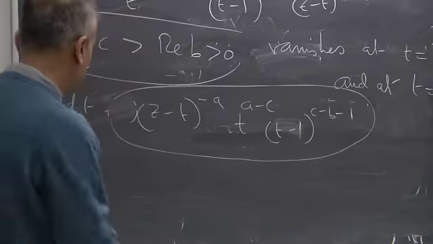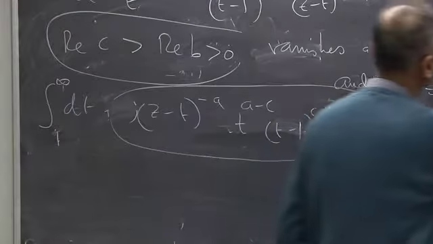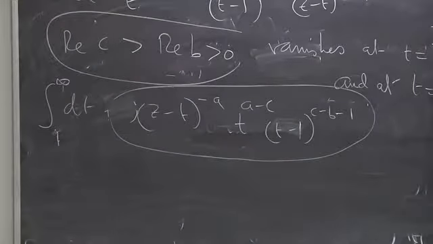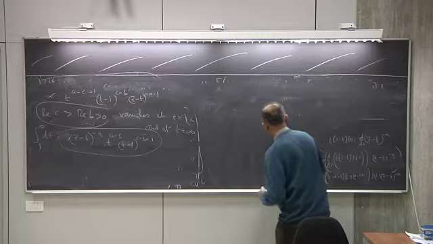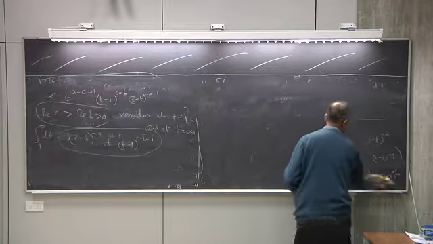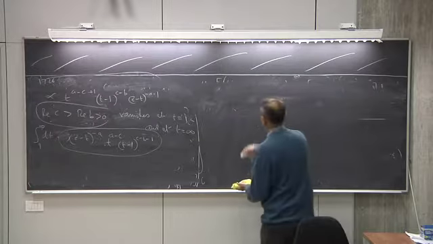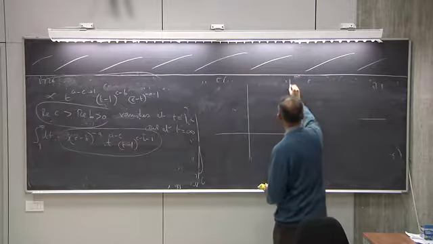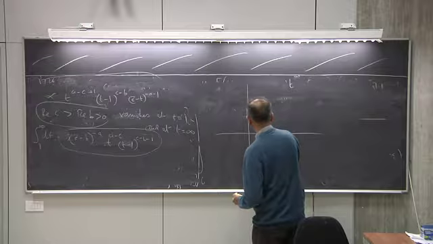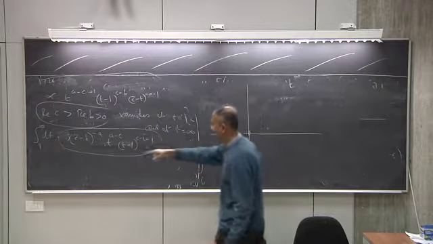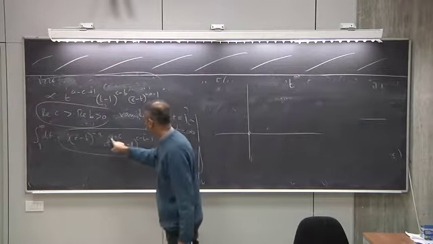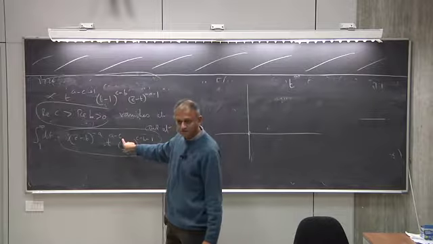So if you draw the t-plane, here is my t-plane, and there is a point 0. At 0, of course, it has a branch cut if a minus c is not an integer.